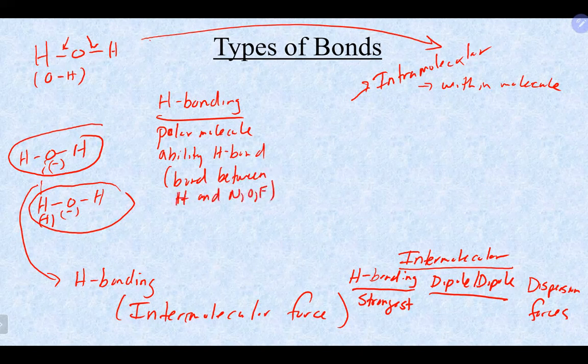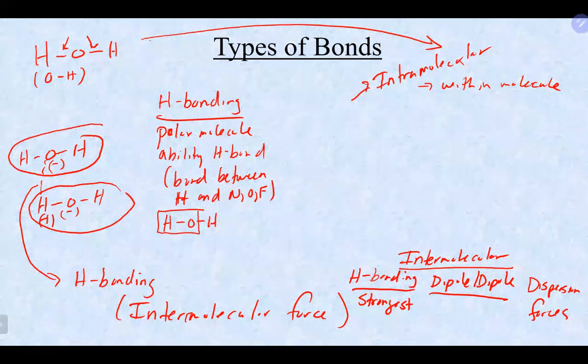So in order for something to have the ability to hydrogen bond, it needs to be a polar molecule that has a hydrogen that's bonded directly to a nitrogen, oxygen, or fluorine, like water. Water has a bond between hydrogen and oxygen. Nitrogen, oxygen, and fluorine are the most electronegative atoms, which makes that OH bond, for example, very polar.